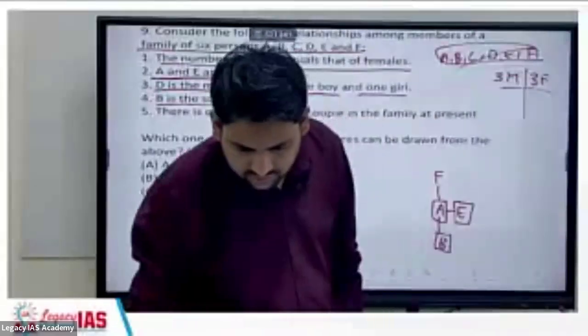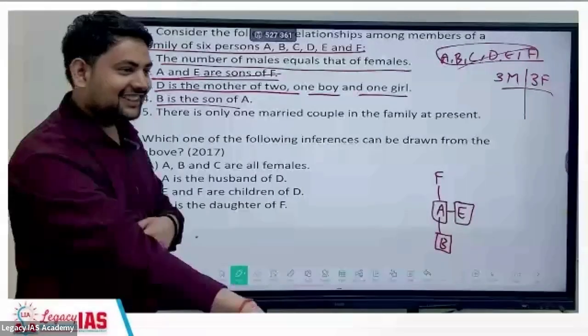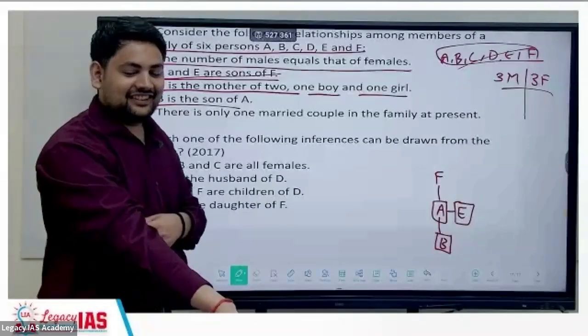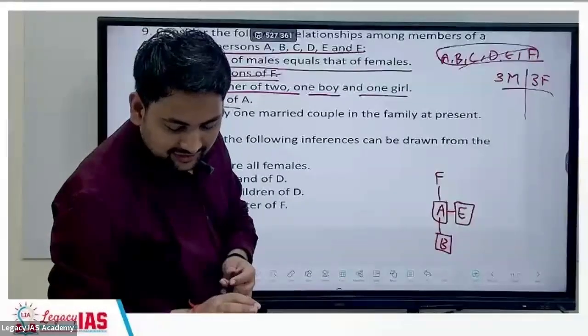Sir, it became blurry again. It went back to the earlier screen, sir. Blurry. Okay. Sir, it was fine for 30 seconds, and now it's back again proper. Please get it fixed, sir. It is fixed now. But it's frequently going back.